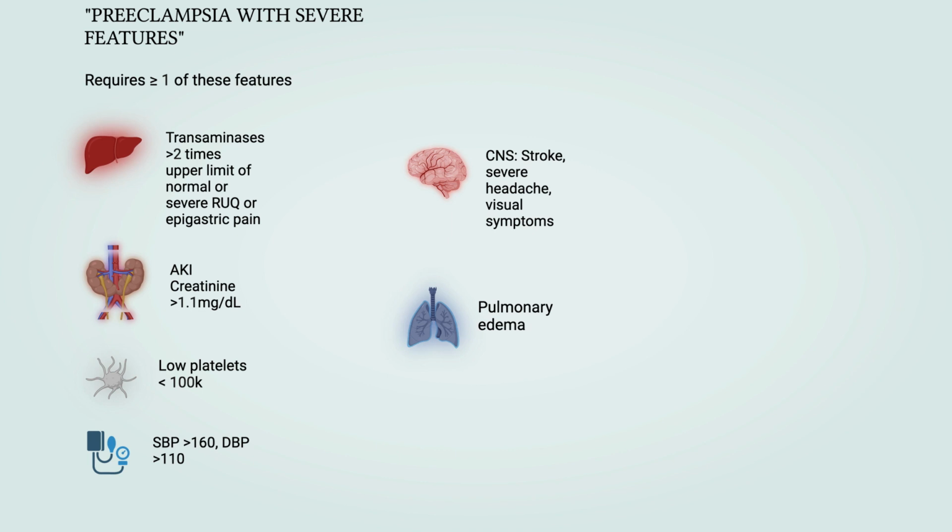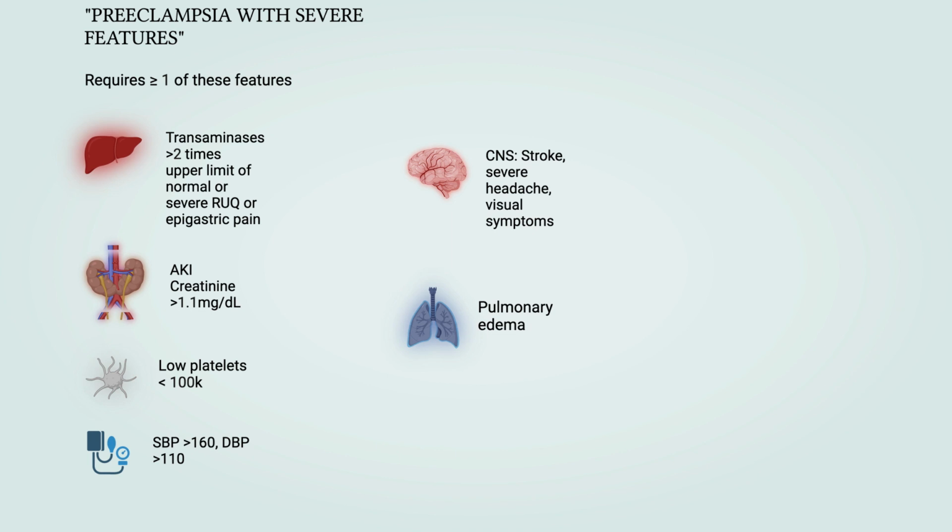Then if the systolic blood pressure is greater than 160, it's really elevated, or diastolic greater than or equal to 110, that also constitutes a severe feature. And then other features like any CNS finding, like stroke or severe headache or visual symptoms, these are all severe features. And then pulmonary edema, which I drew the last one, is also a severe feature.